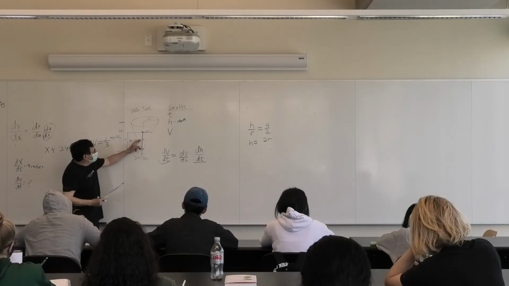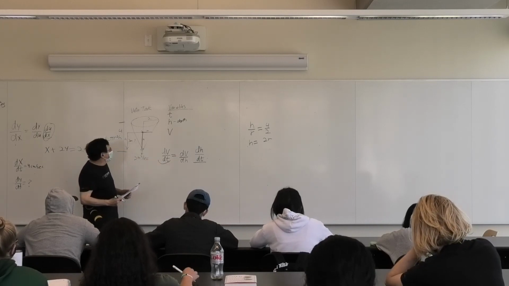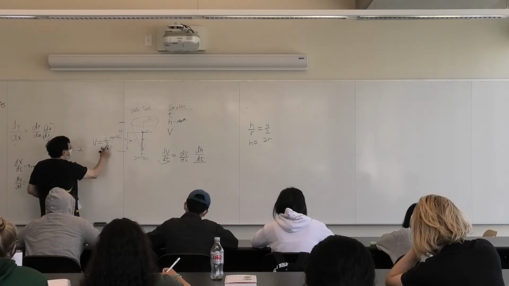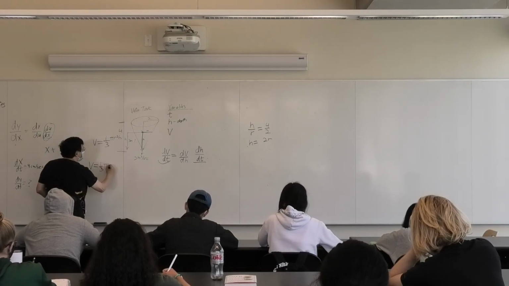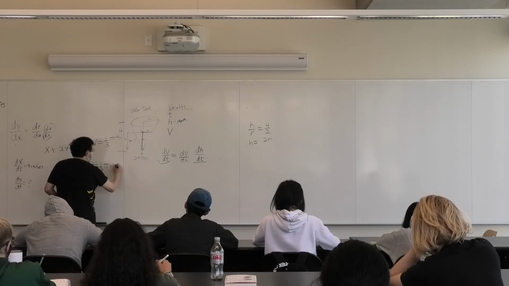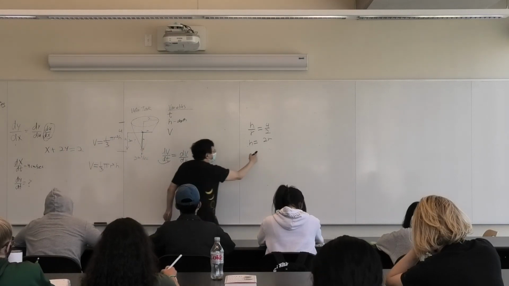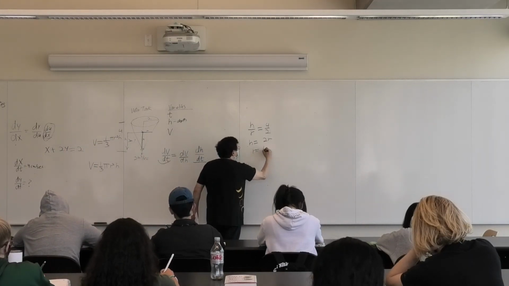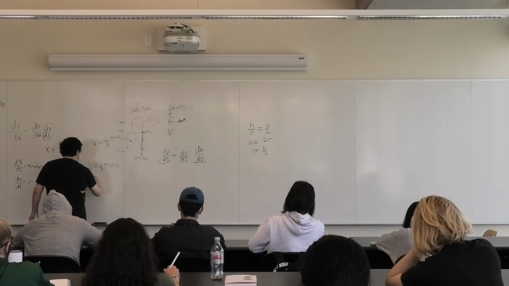But now we can express the volume in terms of h. Right? The volume here was 1/3 pi r squared h. I can solve for r, right? r is h over 2. I can substitute that in here.